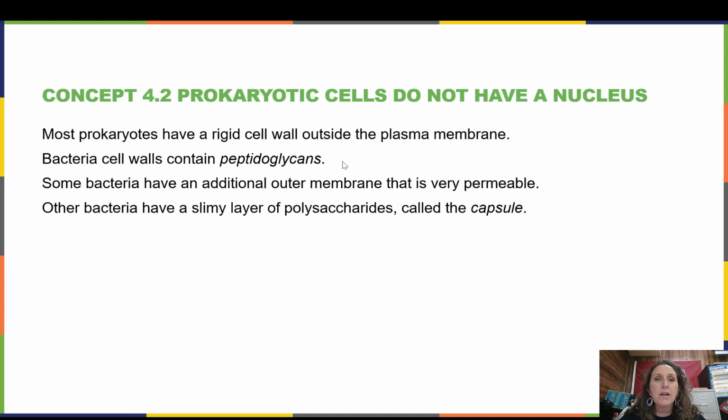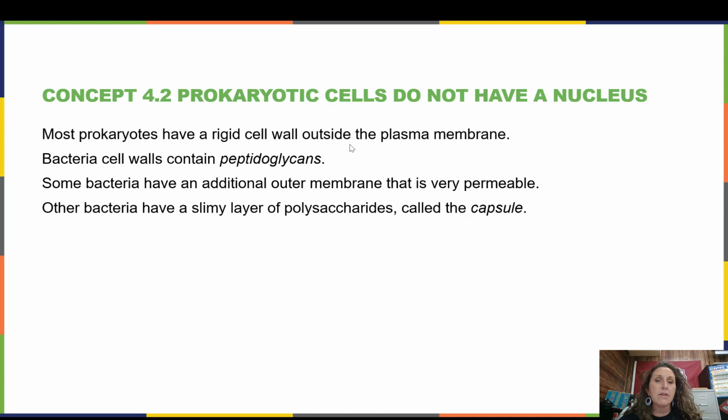Most prokaryotic cells have cell walls because prokaryotic cells are out on their own, so they're unicellular organisms, uni meaning one. So they are one-celled organisms, just out in the world, and so they need a little bit of extra protection. So outside of the membrane, there's going to be some kind of cell wall. If you're a bacteria, that cell wall is going to contain something called peptidoglycans, which is basically proteins with some sugar in there.